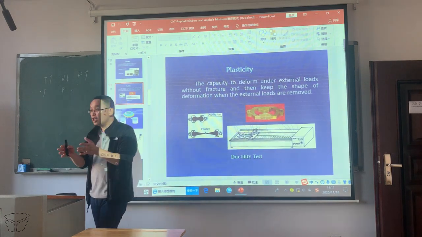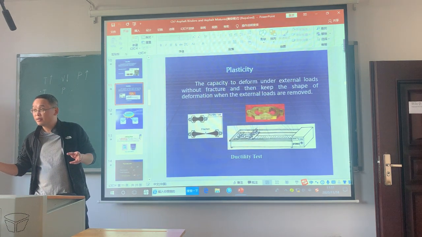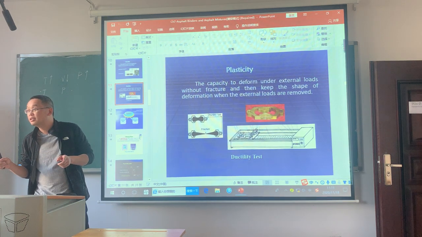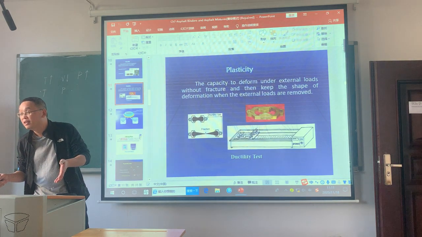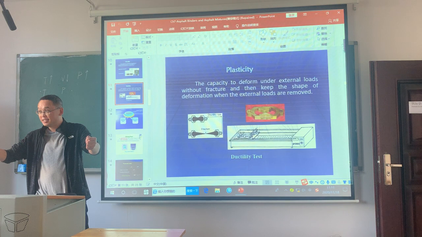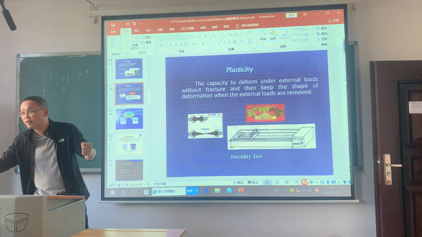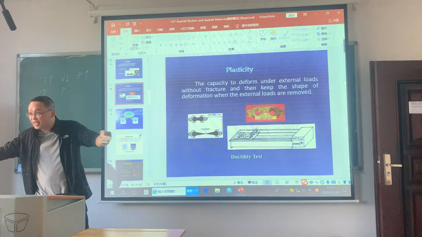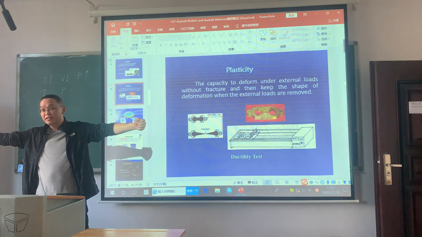So if the ductility of the asphalt is big, it means what? It means the plasticity of this asphalt is good or poor? The distance is very long, very big.